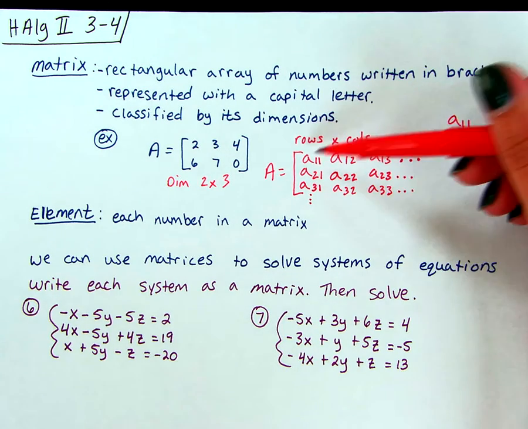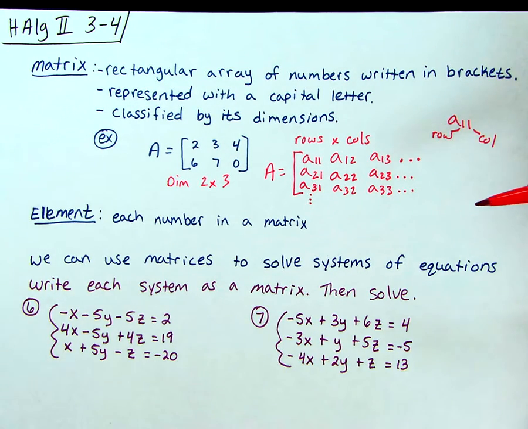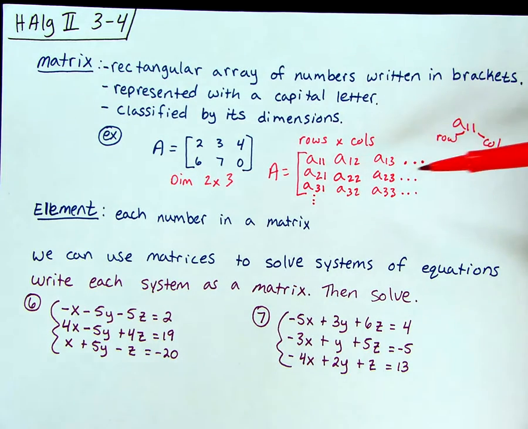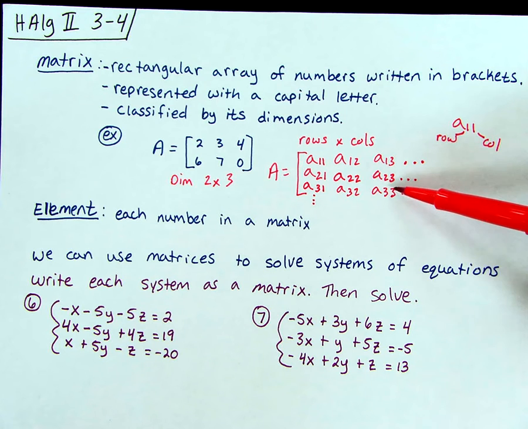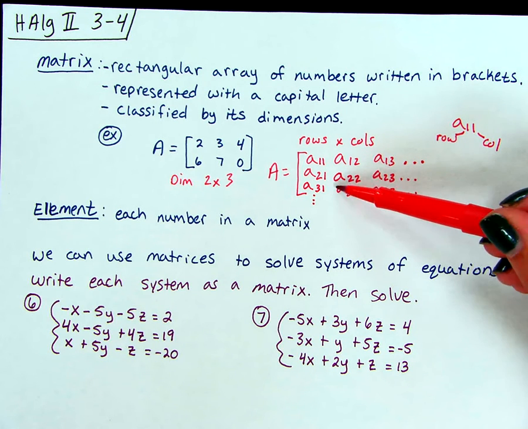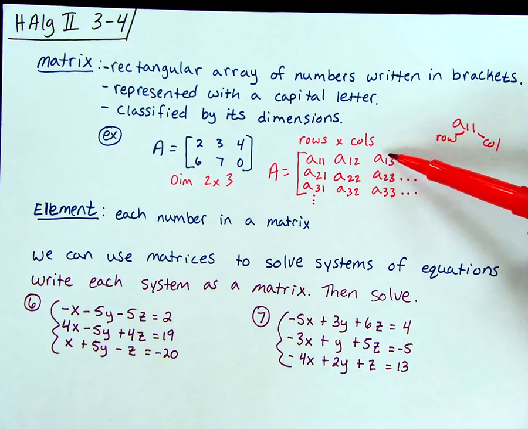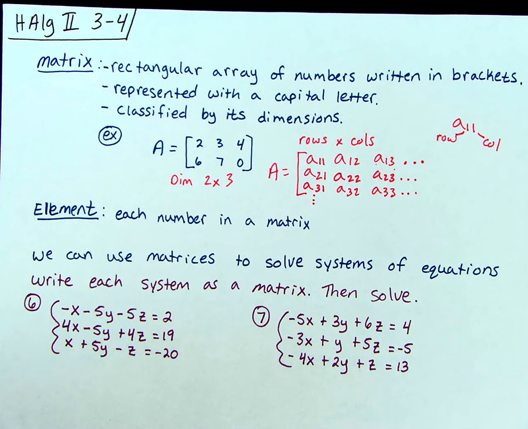So this is just kind of a general matrix. So each element in this has a specific position. So again, when we're looking at it, this position would be the third row, third column. This one is the third row, second column. First row, third column. So we also want to be able to recognize the position of each element when we are looking at a matrix.